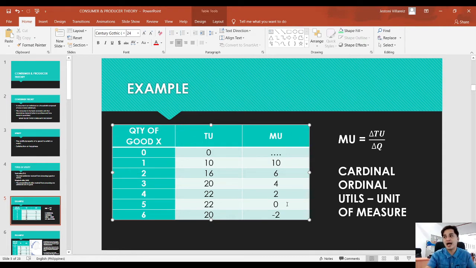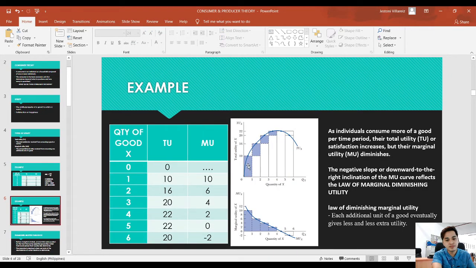So that's how utility works. Now, if you have noticed, the marginal utility is decreasing. Now, if we graph that, as you see here, your marginal utility is decreasing, a downward trend, meaning as you consume more of the good, your additional satisfaction or marginal utility will decrease at some point.